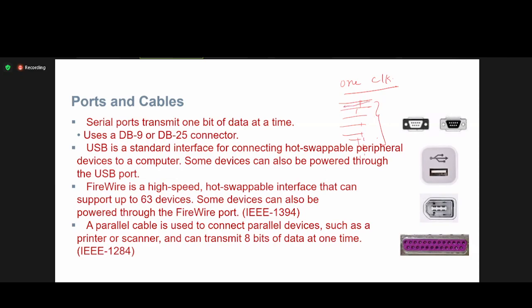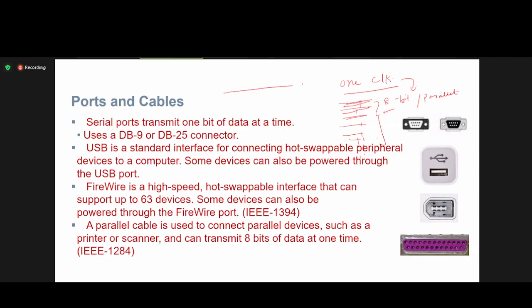One bit takes one path, another bit takes another path. So to transmit 8-bit data on a parallel port, just one tick of the clock can transmit 8-bit data over the parallel path.